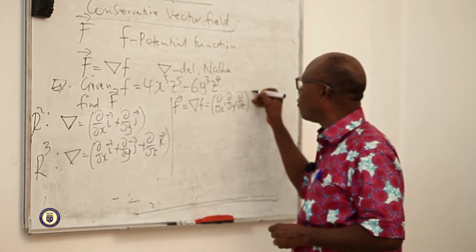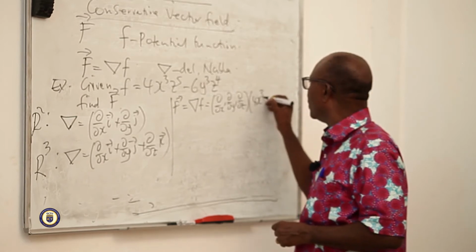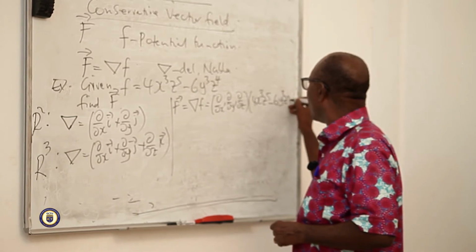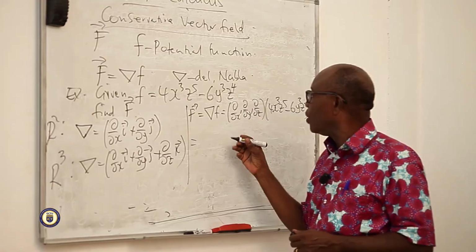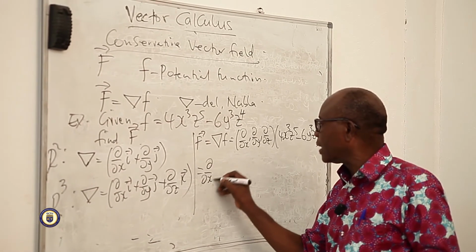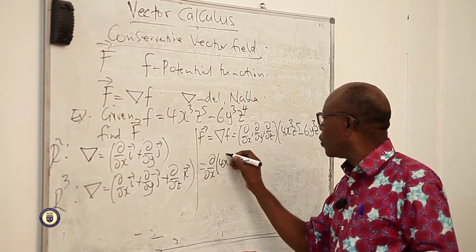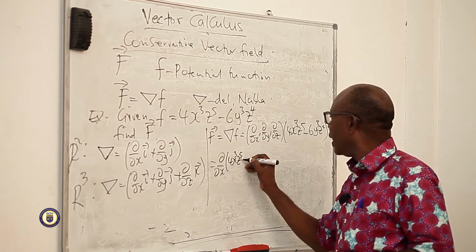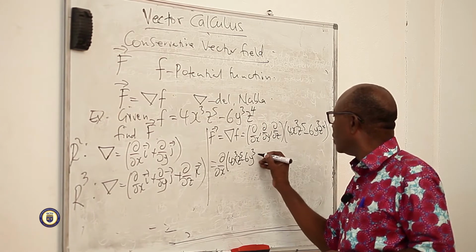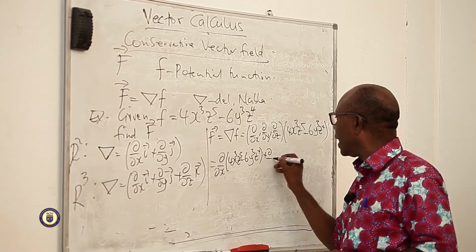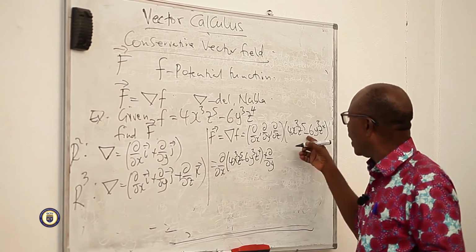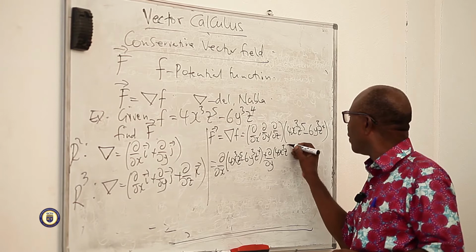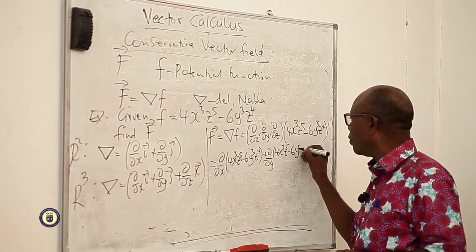In this case, our f is 4x cubed z to the power 5 minus 6y cubed z to the power 4. So we're going to have partial x of 4x cubed z to the power 5 minus 6y cubed z to the power 4, plus partial y of f, which is 4x cubed z to the power 5 minus 6y cubed z to the power 4.